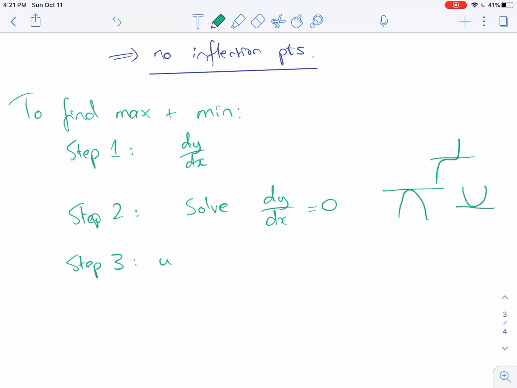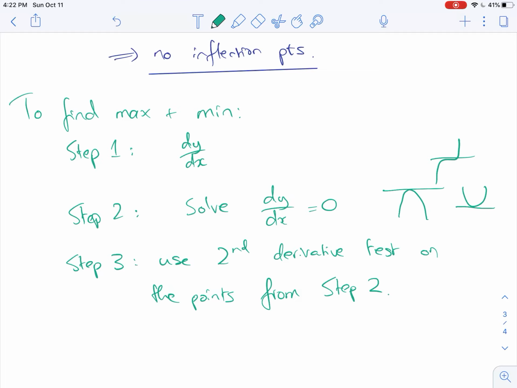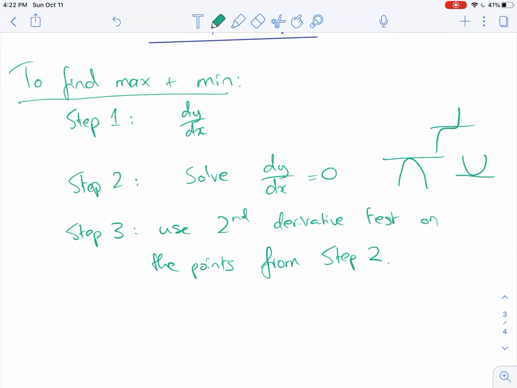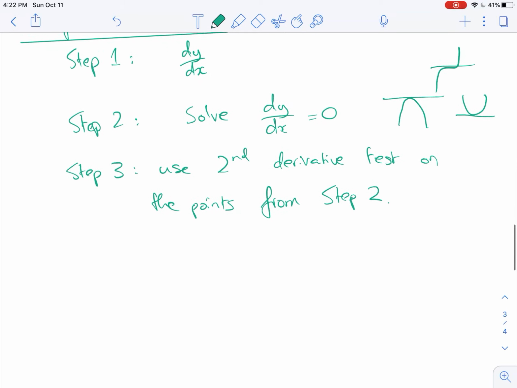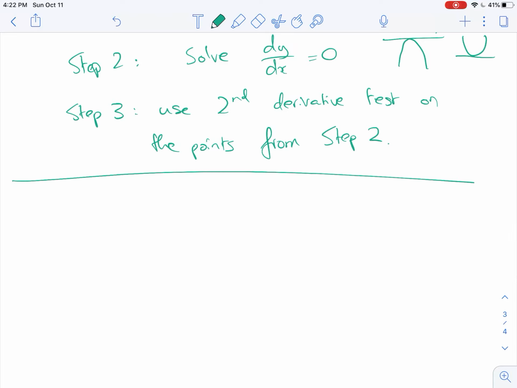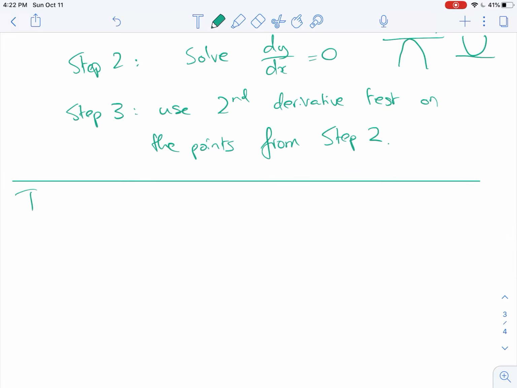And then step 3, use the second derivative test on the points that you found in step 2. So that's for max and min, and a very similar approach and steps for finding points of inflection.